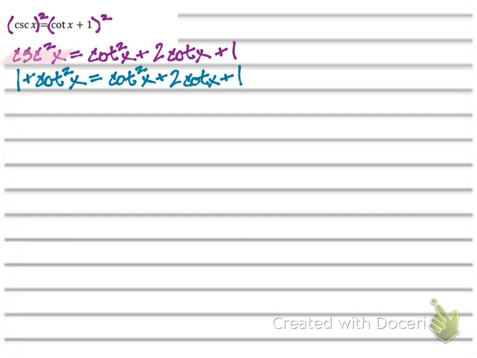Oh, look at that. Aren't my cotangents going to cancel out, right, when I subtract that over? And I'm just going to be left with, oh, my 1's are gone too, right? So I am left with 2 cotangent equals 0.